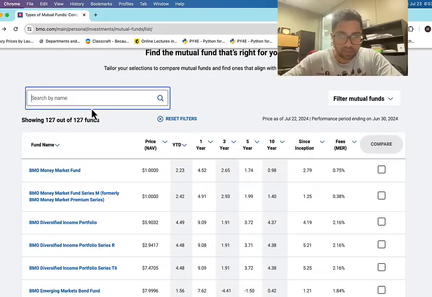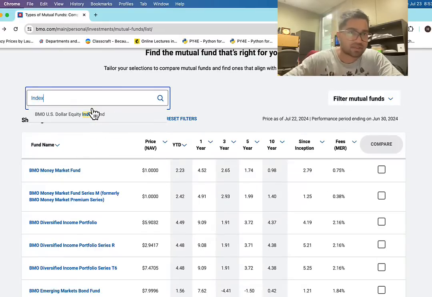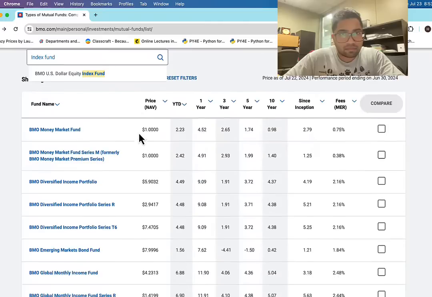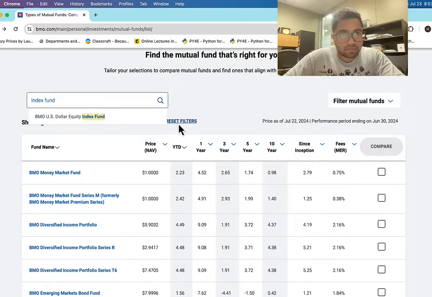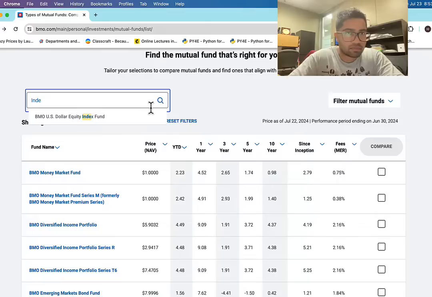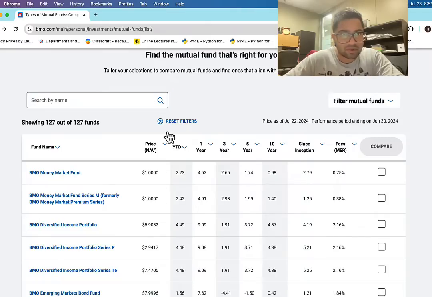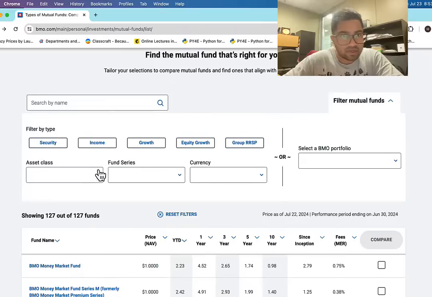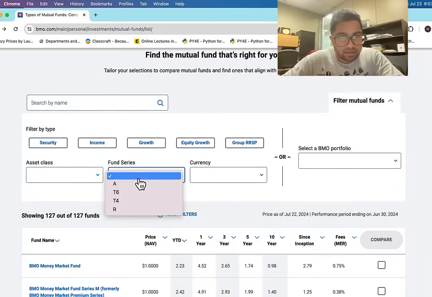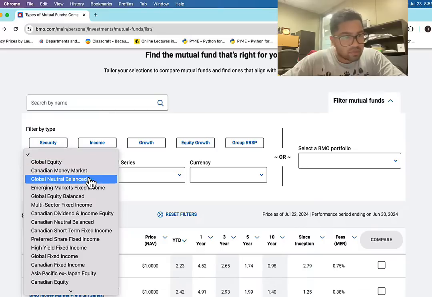Then let's look at the third type, index fund. We might have to search for it. So reset filters, filter mutual funds. We want index funds.